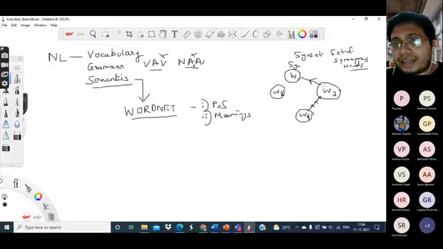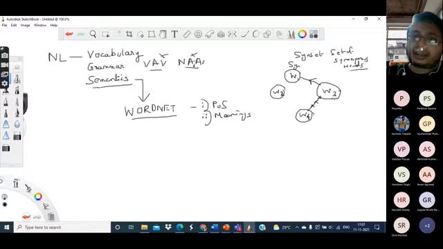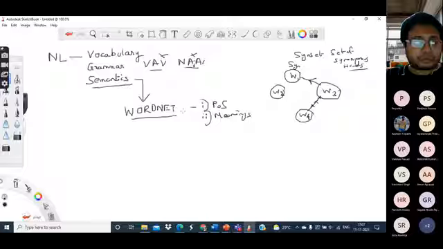If W3 is a specific example of W1, that is, W1 is general and W3 is specific, then one is a hypernym and the other is a hyponym. We can have directed edges, arrows from the specific to the general. Other kinds of relationships between different words or synsets are also included in WordNet. So this WordNet is an extremely important resource when we are trying to do natural language processing.